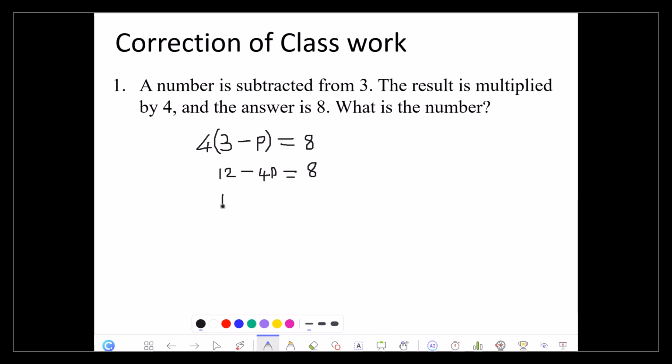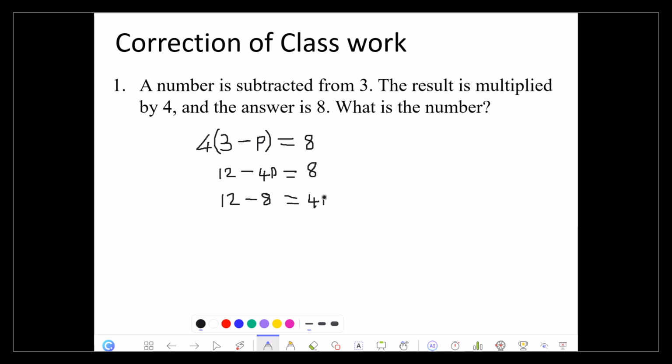To make it easy for me, I would prefer to take minus 4P to the other side, then bring 8 to this side. So if positive 8 crosses to this side, it will become negative 8. Then if negative 4P crosses to this other side, it will become positive 4P.